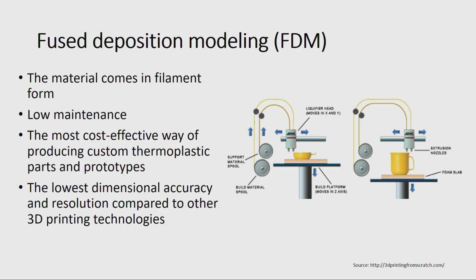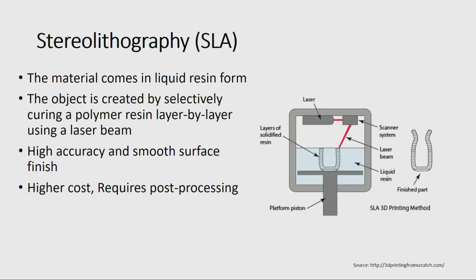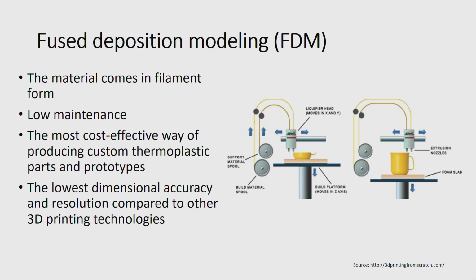And then here a liquefier head is shown. The liquefier head will melt the material, both build material and support material, and deposit it on a frame which will move in the Z axis.